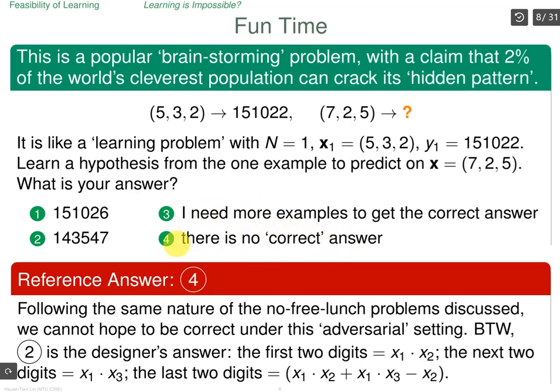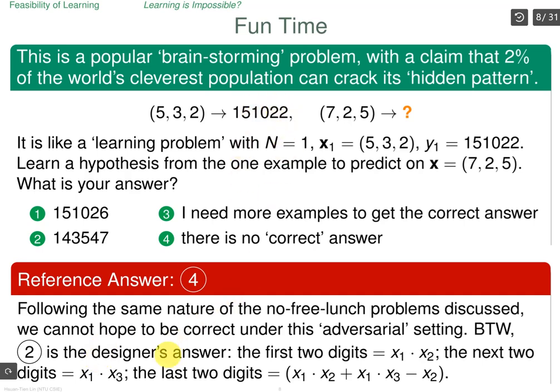Why? Following the same nature of the no free lunch theorem discussed briefly, we can't hope to be correct under this adversarial setting. However, we can see that number 2 is the designer's answer, and we can provide some simple formula. The first 2 digits are equal to 5 times 3, which is 15. The next 2 digits are based on the following formula, x1 times x3, multiplication, so it gives 10.